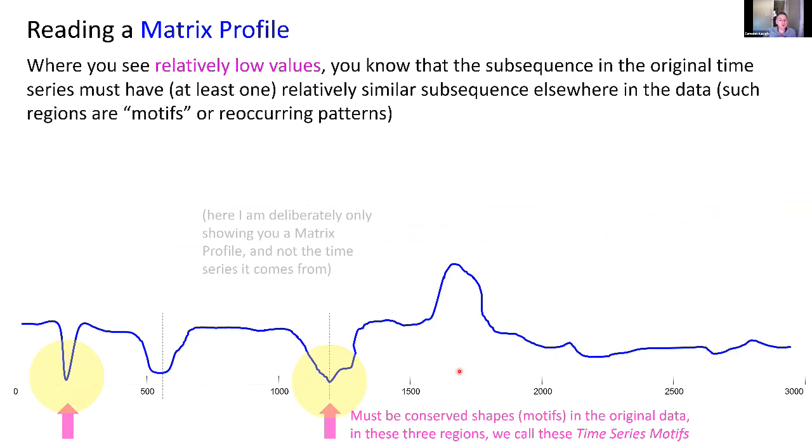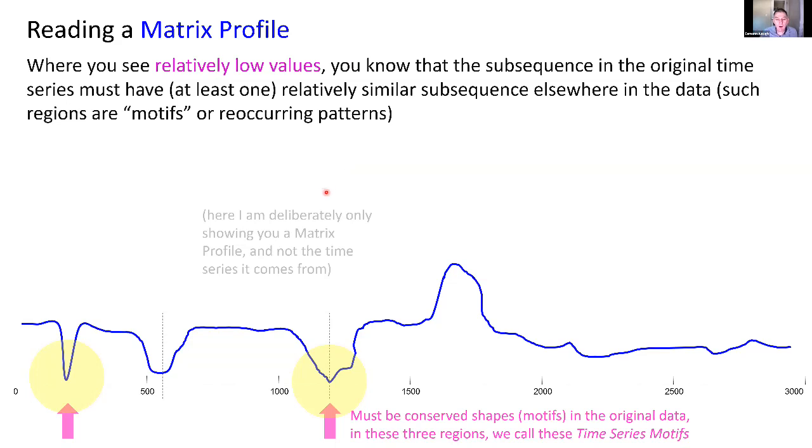So this is so important. Let me say this again and remind you how to read a matrix profile. Here I'm showing you a matrix profile and deliberately not showing you the time series. So we just zoom in and focus on the matrix profile. And so if you see a matrix profile and you see low values like here and here, that tells you that the corresponding time series at that location has a conserved behavior.